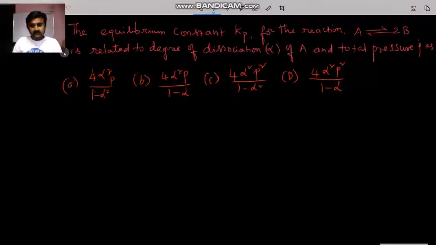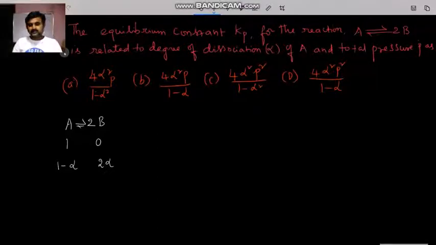Let us see. If you take the given equation A ⇌ 2B, A will be initially 1 mole and B will be 0. So at equilibrium, the degree of dissociation is alpha for 1 mole, so A is 1 minus alpha, and the degree of formation of B is 2 alpha for 2 moles.